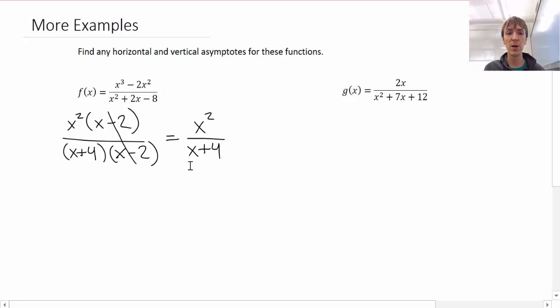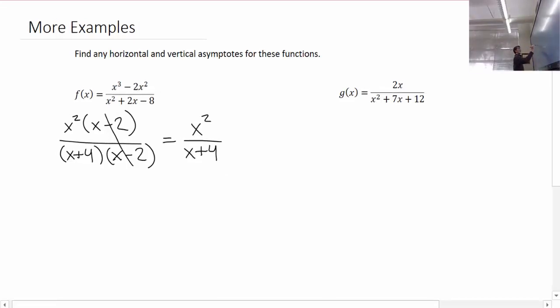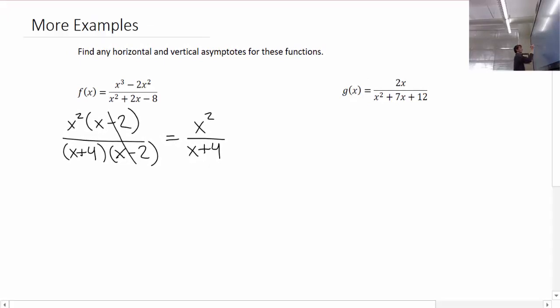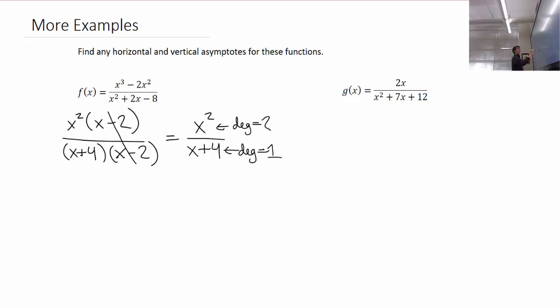Okay, what about horizontal asymptotes? Well, I'm going to look at the degrees like I did in the last slide. And I'm going to go ahead and write that down. So, degree, so the degree equals 2, the degree equals 1, and that means that there's no horizontal asymptote.